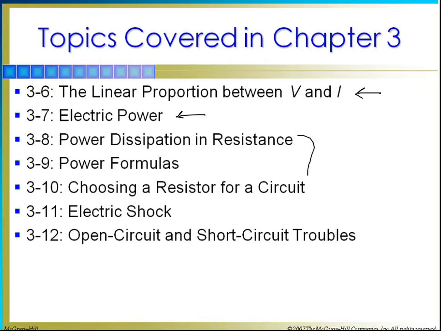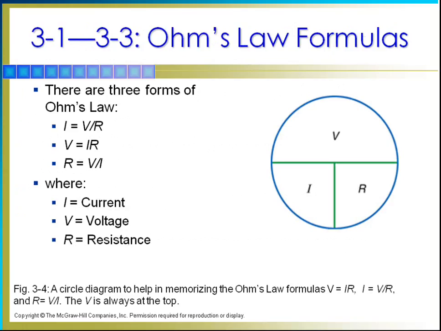And we haven't really gotten too much into this portion right there. So this is going to be our main objective for today. But for a real quick review on Ohm's law and the linear proportion between voltage and current and resistance, we'll move along.